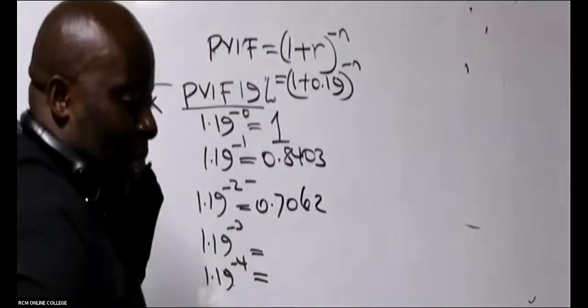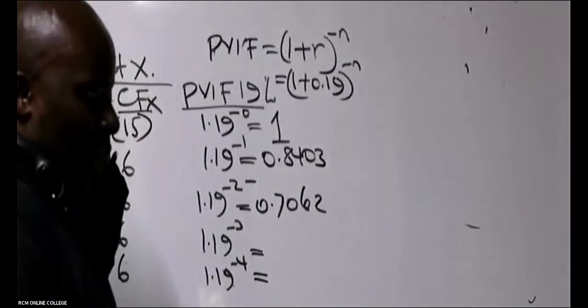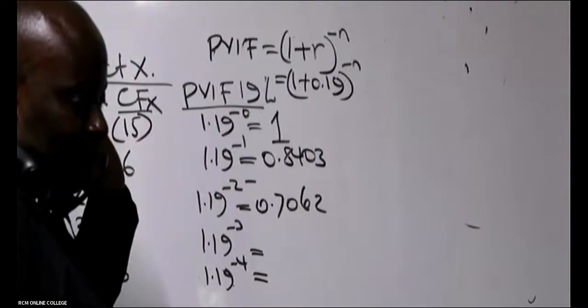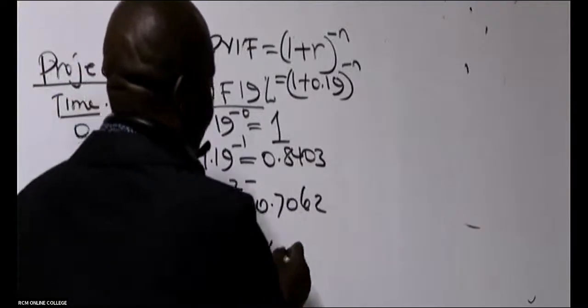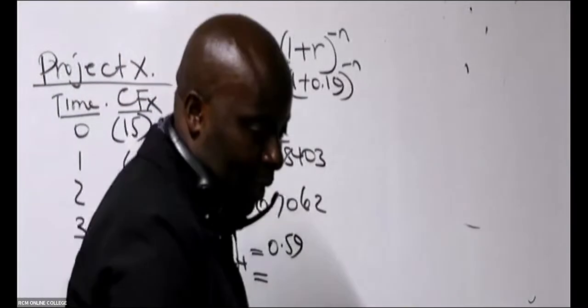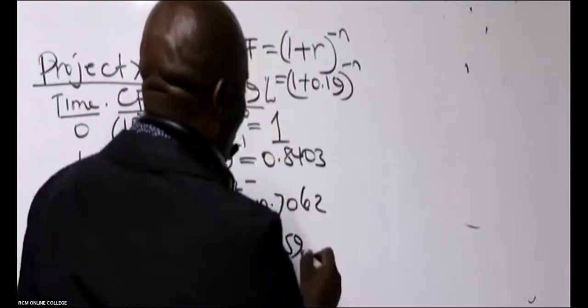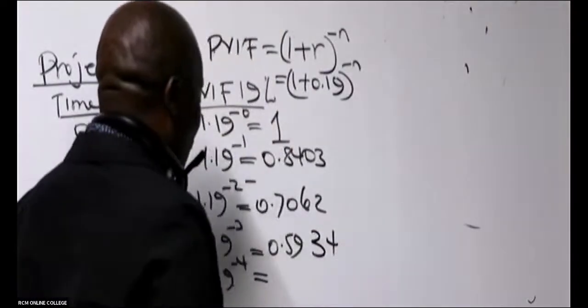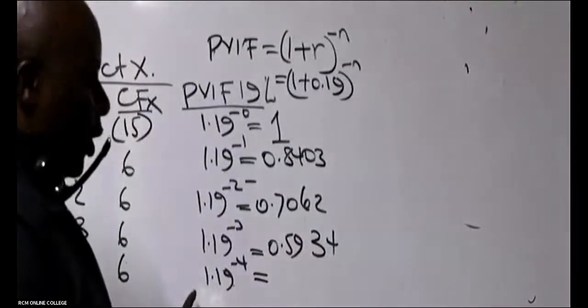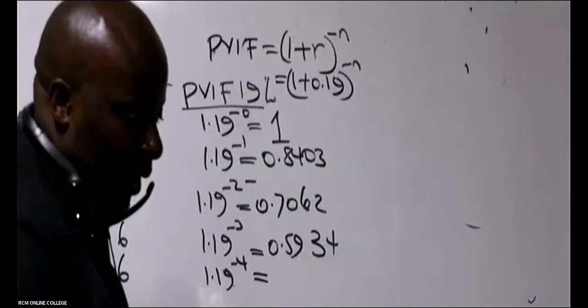How about 1.19 raised to negative 3? I hope you know how to raise. That is 0.5934. The last one, raised to negative 4, is 0.4987.